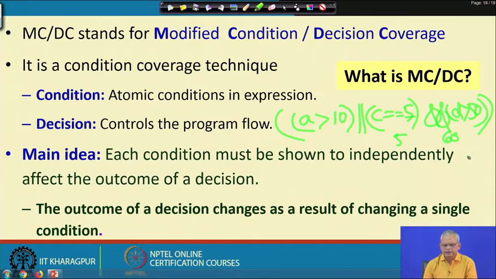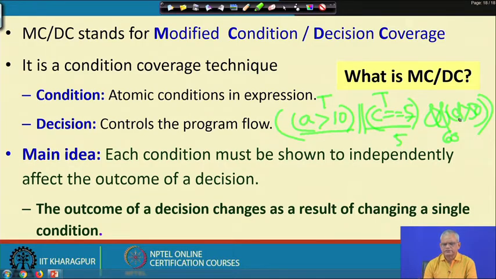And similarly, if we hold this and this at some truth values, let us say this is true and this is true, then if we make this true and false, the decision outcome should also become true and false.